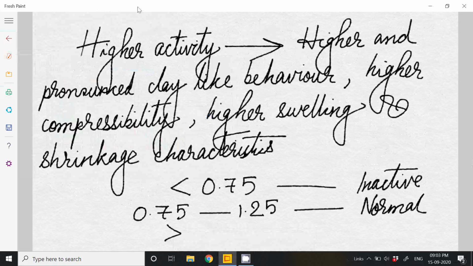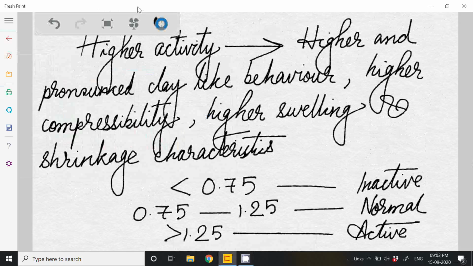And if it is greater than 1.25, then it is very active. So these are the things that you need to know about activity. This is enough.